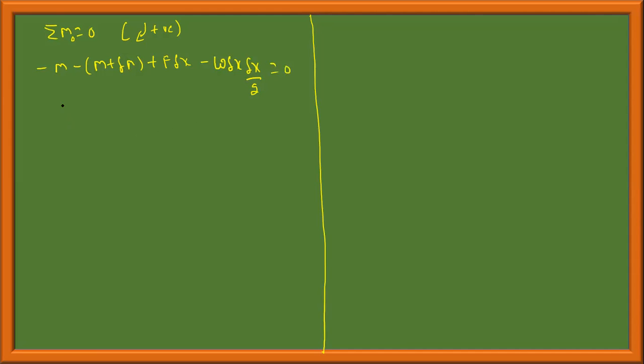Since delta x is itself small, delta x square by 2 is negligible. With a small quantity, we can neglect it.